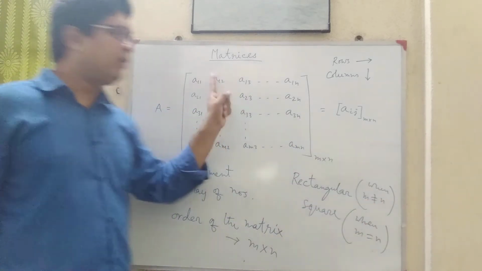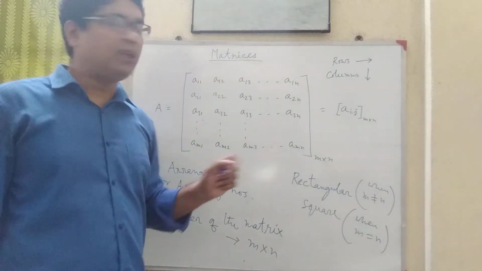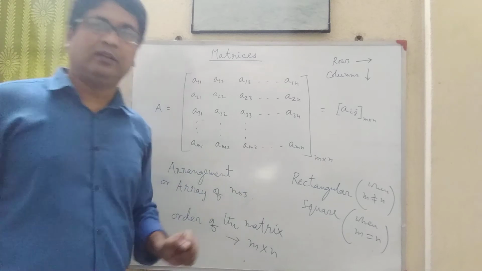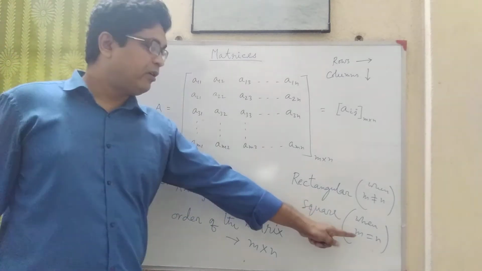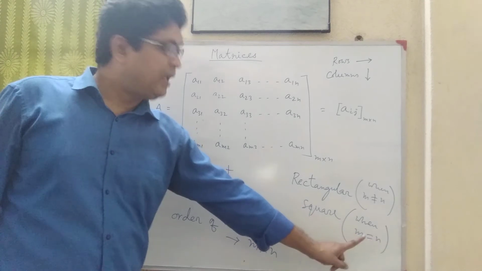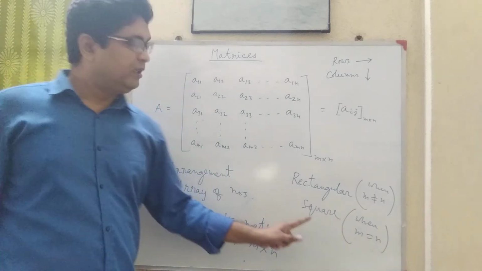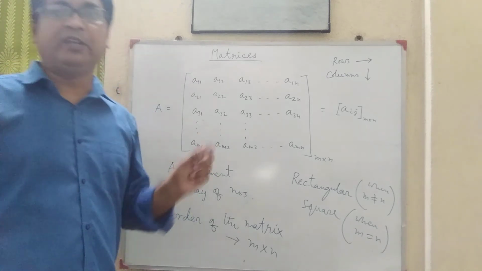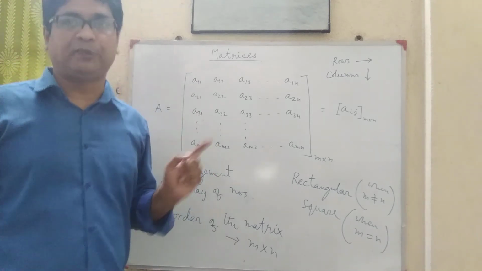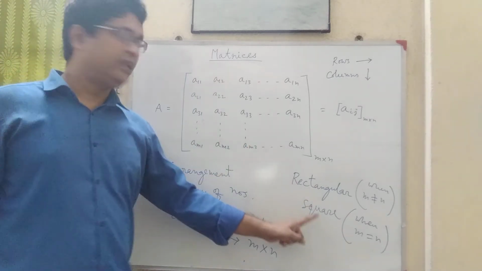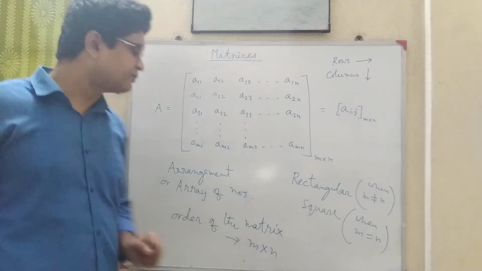When the number of rows and number of columns are not equal, then the shape of the matrix will be rectangular. But if the number of rows is equal to the number of columns, that is when m is equal to n, then the shape of the matrix will be square. Unlike a determinant, which is always square shaped, a matrix may be rectangular or may sometimes be a square.